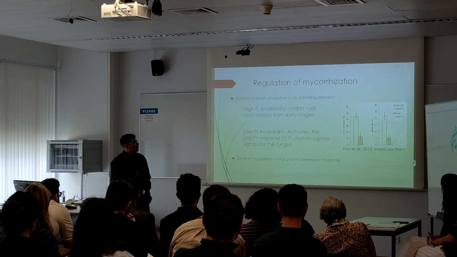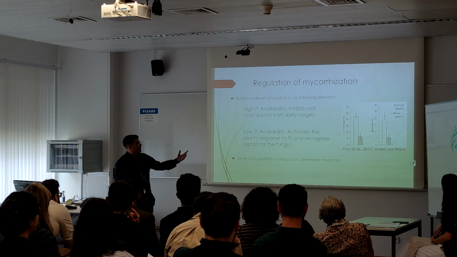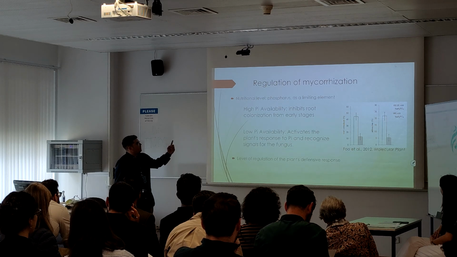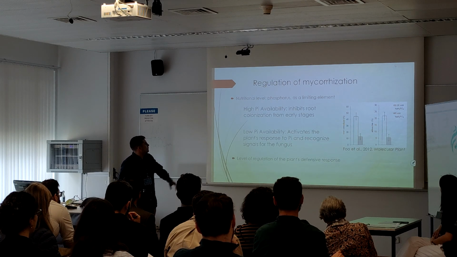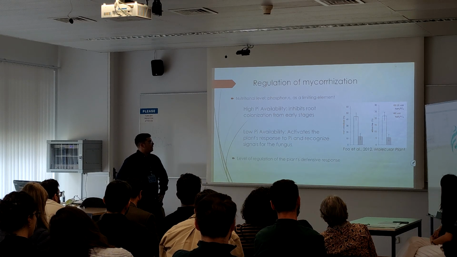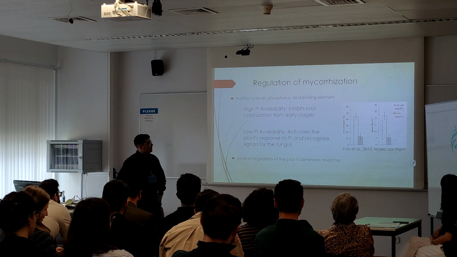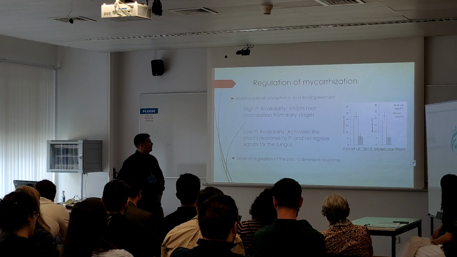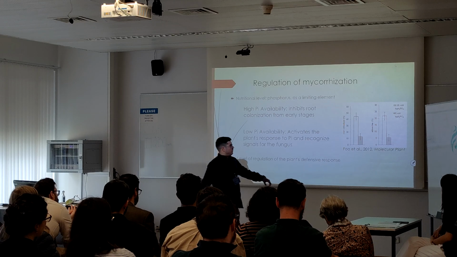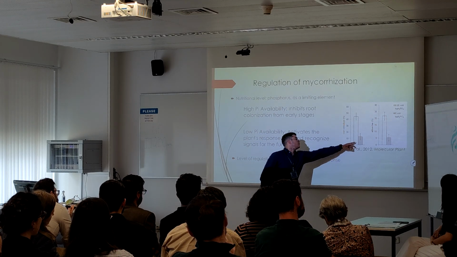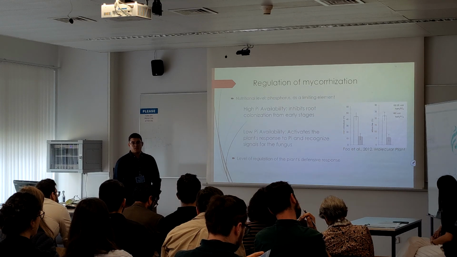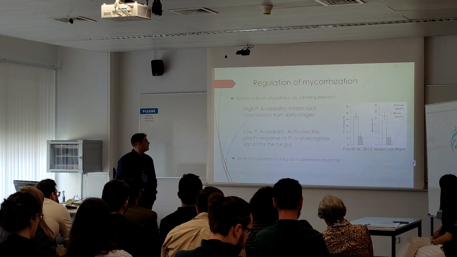If you look at the graph, we have two colors: white is the low phosphate availability, and gray is the high level. When there is no phosphate in the medium, we see more root colonization and more arbuscules in the root.